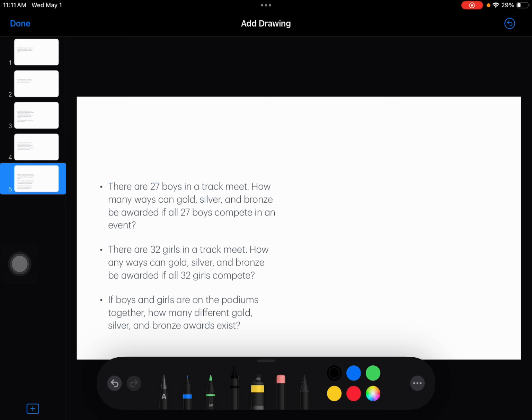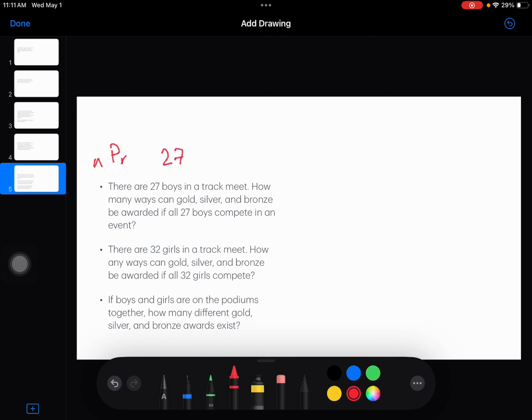Next example, there are 27 boys in a track meet. How many ways can they win gold, silver, and bronze if all 27 boys compete in the event? Well, for gold, silver, bronze, order matters. If person A gets gold and person B gets silver and person C gets bronze, that's different than if person B gets gold and person C gets silver and person A gets bronze. So since order matters, we're looking at nPr.